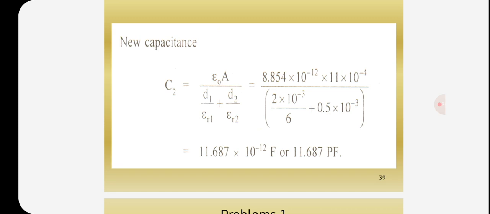After calculation of this one, we will get 11.687 into 10 to the power minus 12 farad, or 11.687 picofarad.